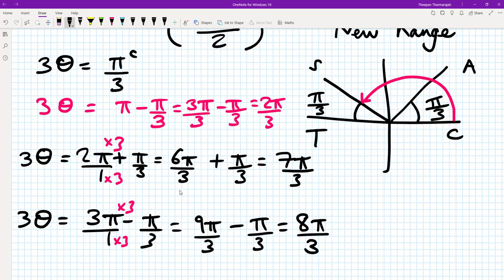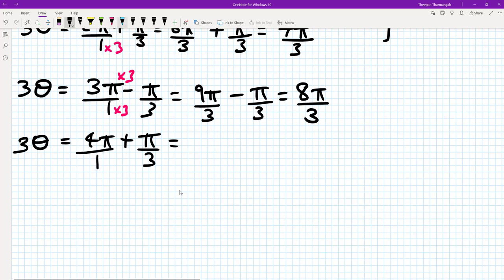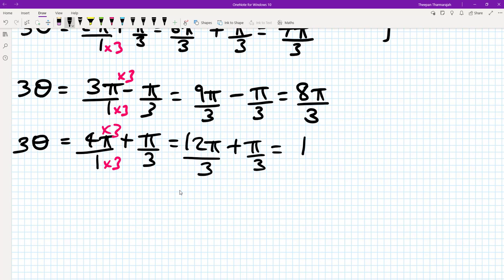So once is 2 pi, the second time is 4 pi. So our next solution is 4 pi plus pi over 3, and that's going to give me, as before, times by 3 times by 3, 12 pi over 3 plus pi over 3, which is 13 pi over 3.